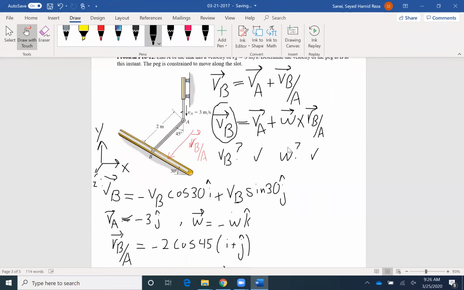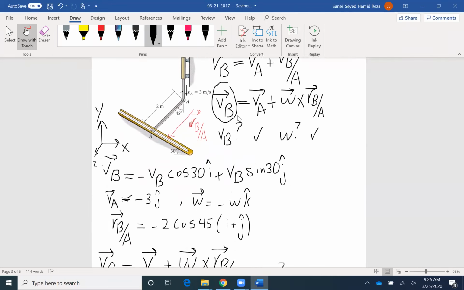In that equation, for VB, we don't have the magnitude, but we have the direction. For omega, again, we don't have the magnitude, but we know it's in the Z direction. If we assume a wrong direction for VB, at the end, we are going to find a negative value. So the equation is going to correct itself.